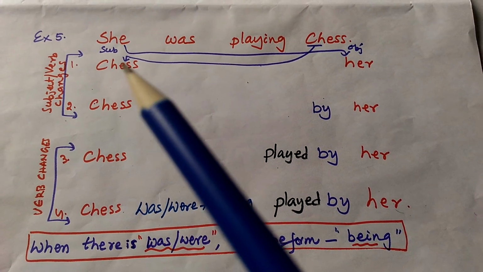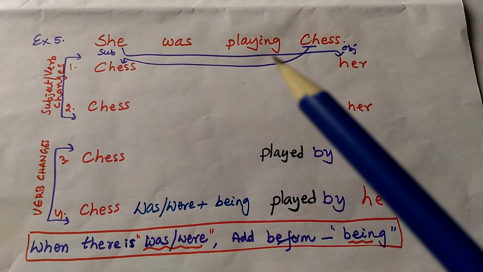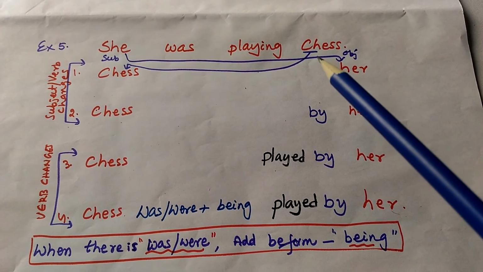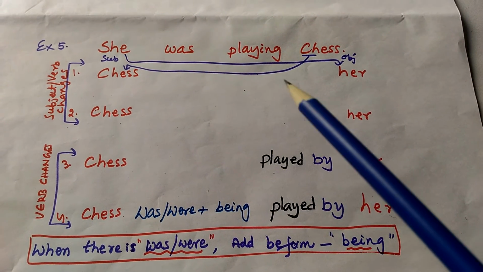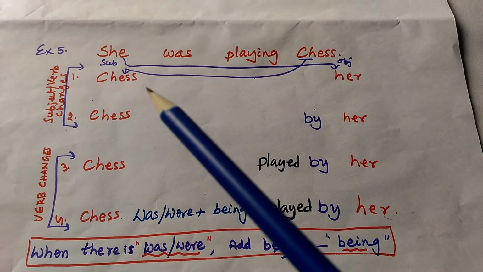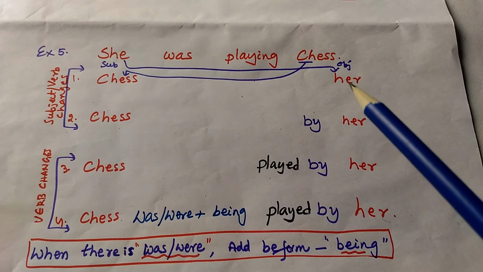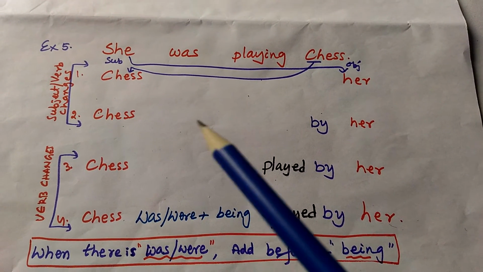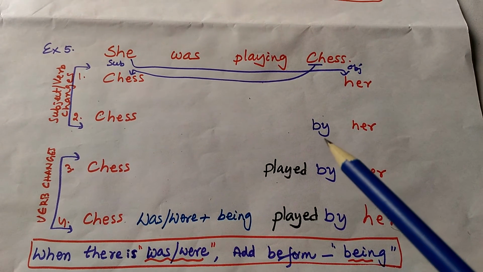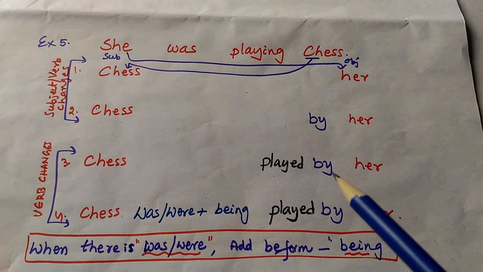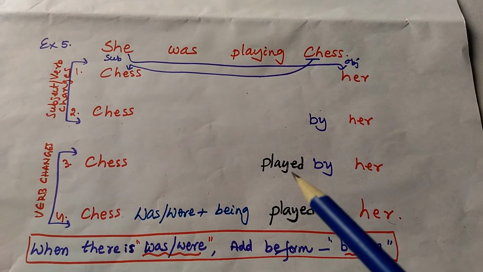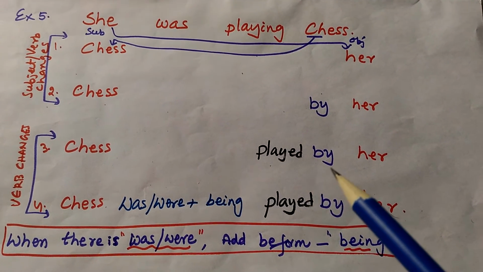Example number 5. She was playing chess. Here we have to first identify the subject and object, and then interchange the subject and object. So she becomes her, and chess is brought here. And next we have added by before the object, and then we have added the verb 3 form, that is the past participle, before by.